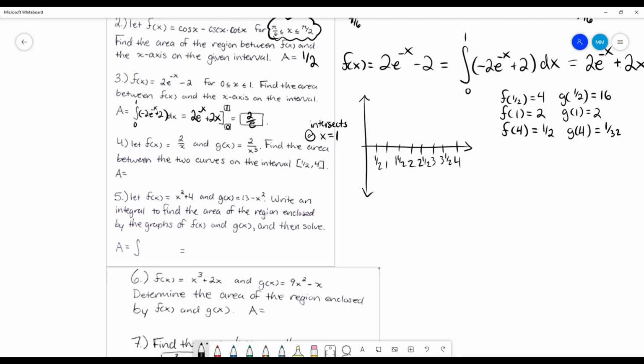So I'm going to go ahead and mark that as maybe a 20. 10, because remember, this is just a sketch. It doesn't really matter. Looks like we don't get any negative values down here at all. So it's just a sketch to get us a good idea of what this looks like. So f of 1/2 is 4. g of 1/2 is 16. That tells me a lot already. They both equal 2 at this point.